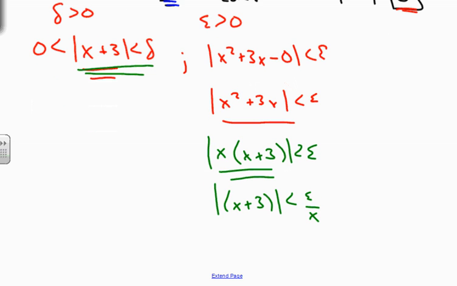Now, we are dividing by this x, and this x has to be an absolute value as well. And from here, this is where it can get a little confusing, at least for many students, including myself at times. When you're doing this, what is x going to be? Because we need to find a value. Well, epsilon right here over the absolute value of x, we're going to have two different values that we can plug in there.